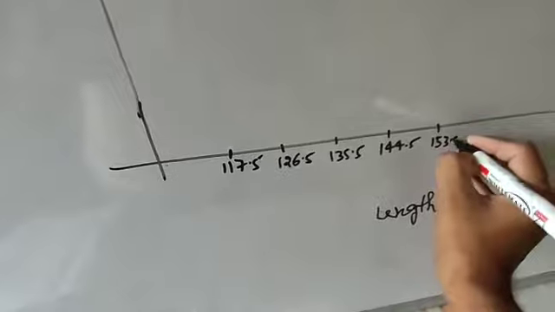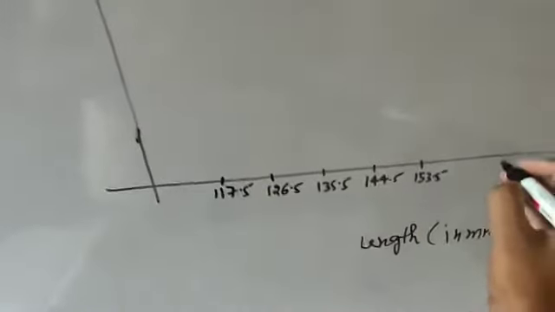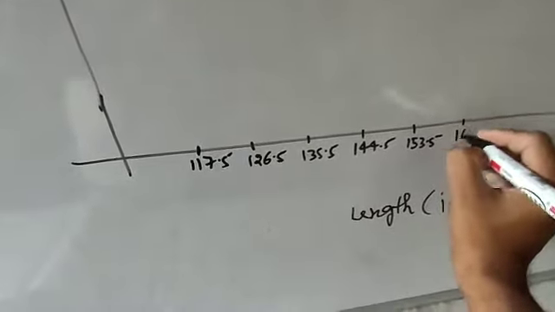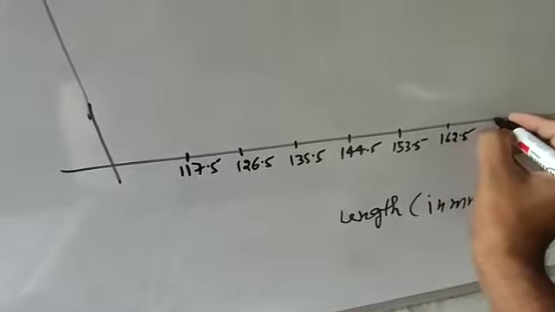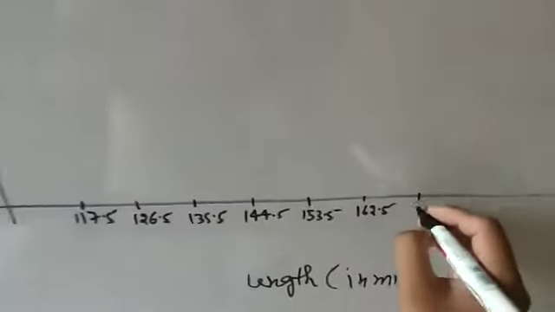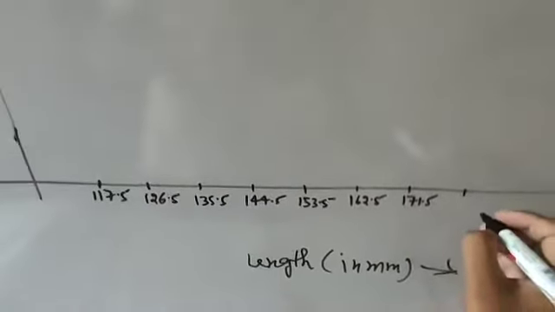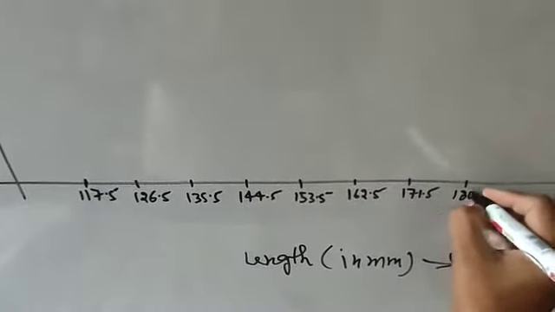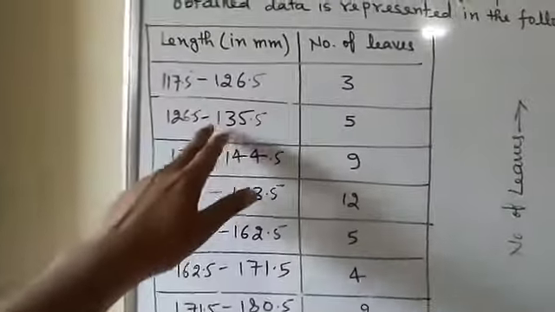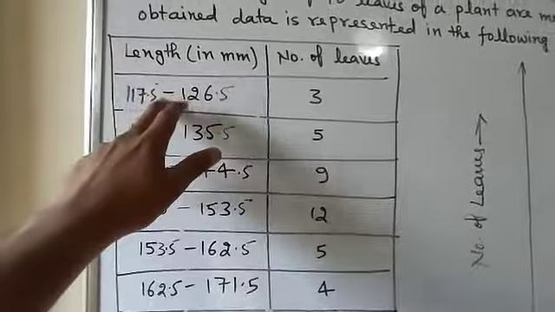After this 162.5. Then next is 171.5. Then 180.5. So I had represented each and every class, like lower and upper limit, on the x axis.